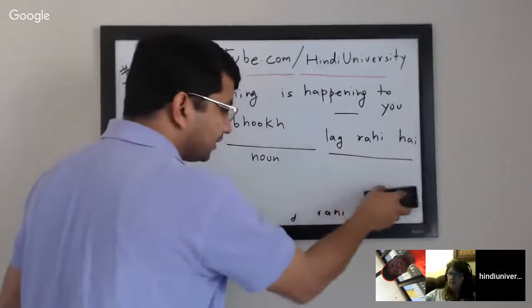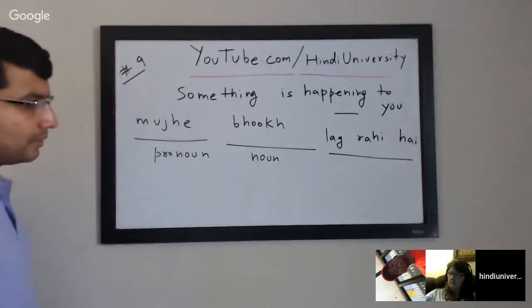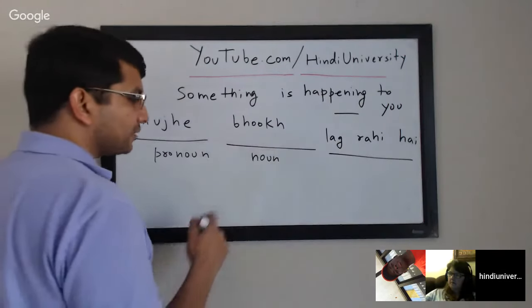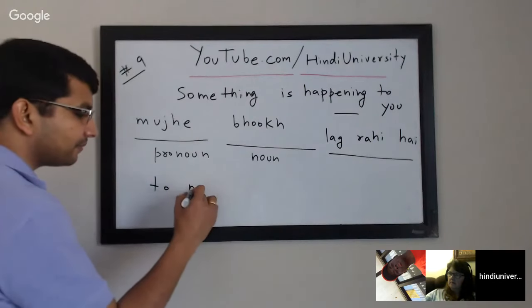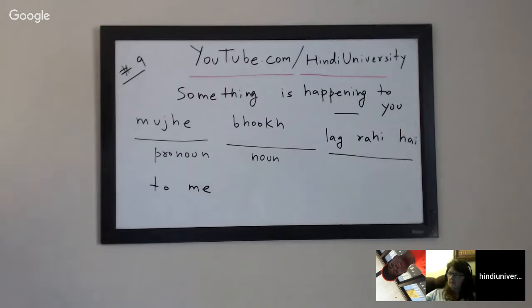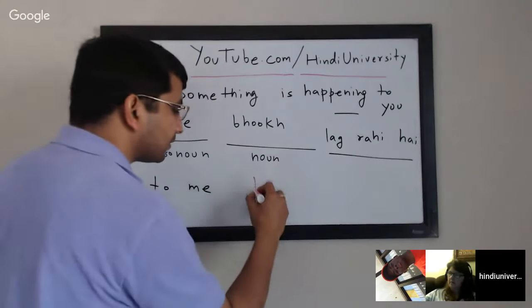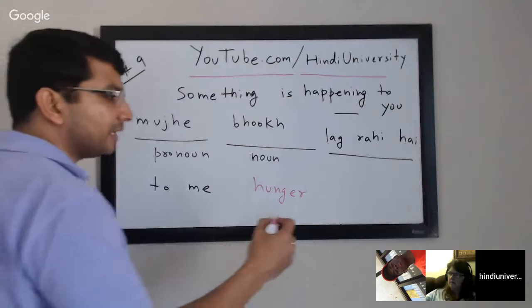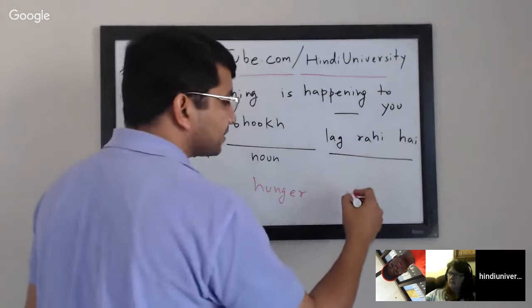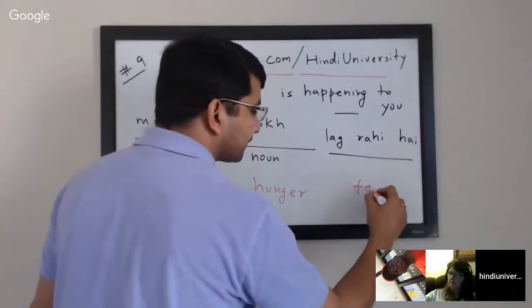So if you're hungry, mujhe bhook lag rahi hai. Let me simplify it for you: mujhe is nothing but "to me", the noun bhook is hunger, and lag rahi hai in this case is basically feeling.